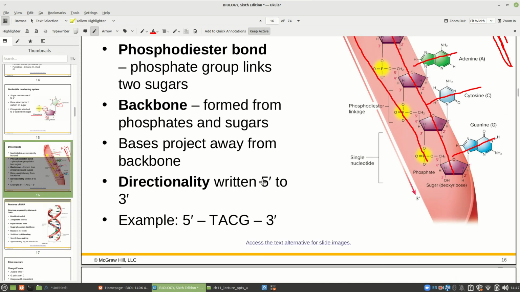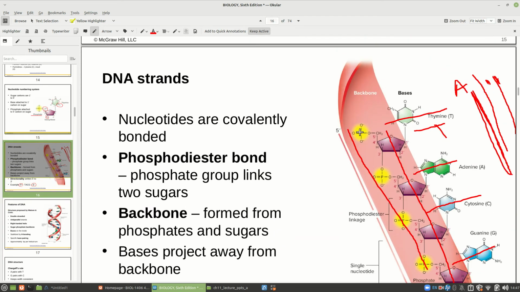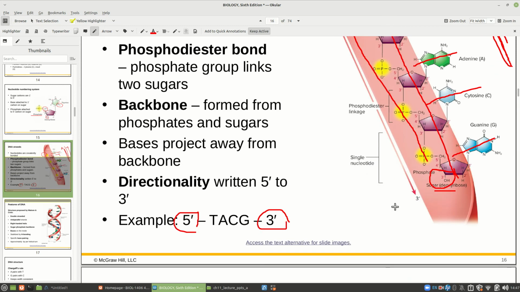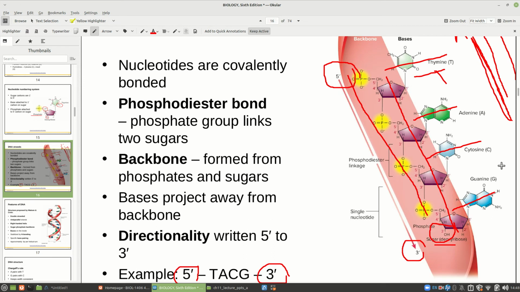We also read them in a particular direction, 5' and 3', and that has to do with where the ends are. 5' is the phosphate side, all right, and this 3' is the OH side on the sugar. So this is the 5' end of the DNA, and this is the 3'. Now something you need to know is over here it's going to be reversed. If you're 5' here, you're going to be 3' over here, and 5' at the end.